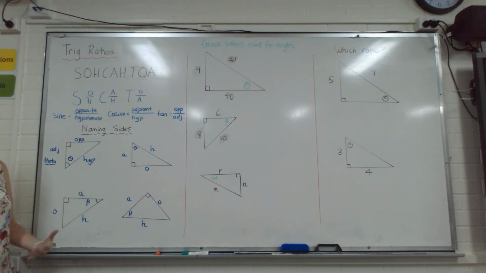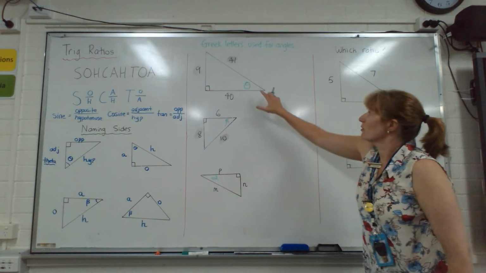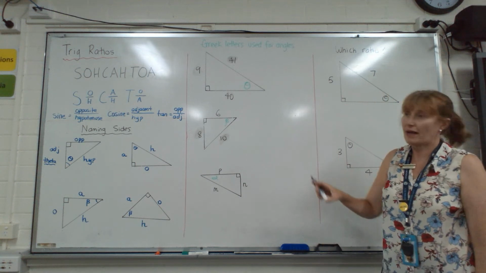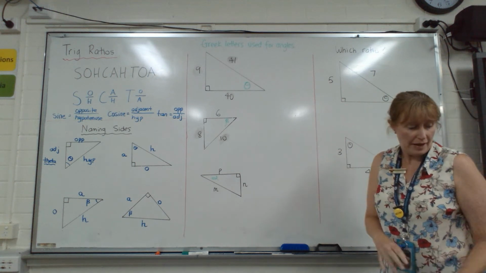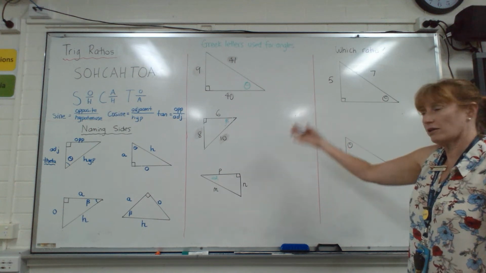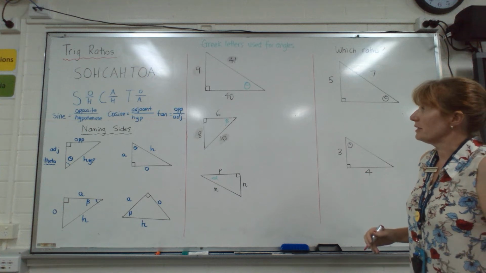So you might like to pause and do the first question instead of the C. We might like to keep going. Alright, so we've said that we use our Greek letters for angles, and I've put our Greek letters into these angles here. So now that I've got my angles, it should be really easy to go through and identify all our opposites, hypotenuses and adjacents. You might like to draw these three triangles and label those things, or you might like to watch me do it.